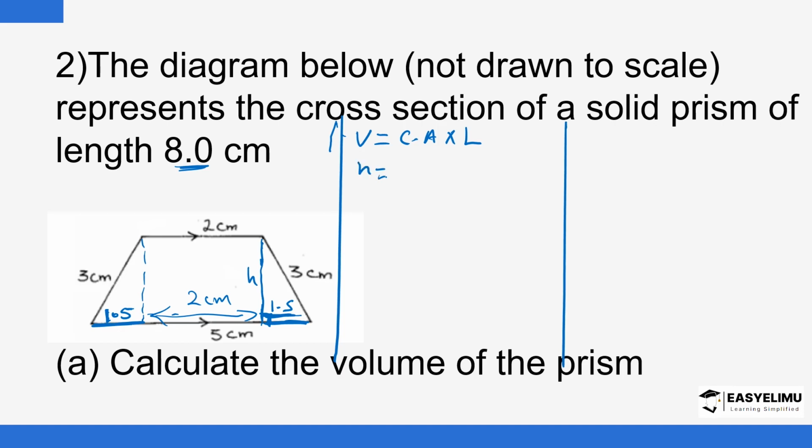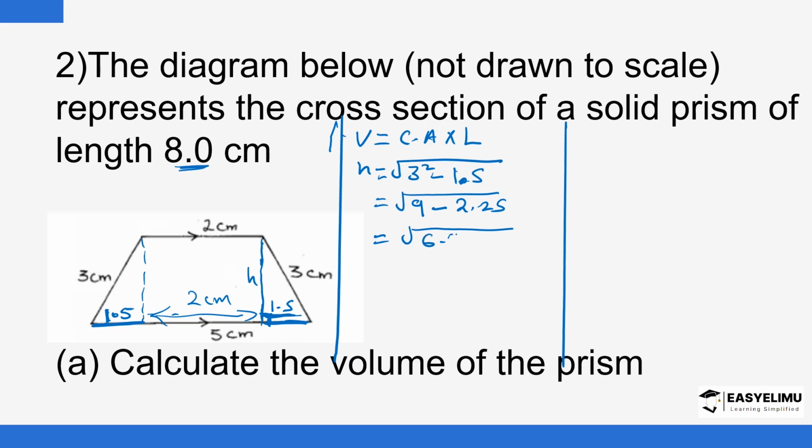So h is going to be the square root of hypotenuse squared minus the base squared. If you use the long multiplication method, you'll get 9 minus 2.25, which is 6.75.